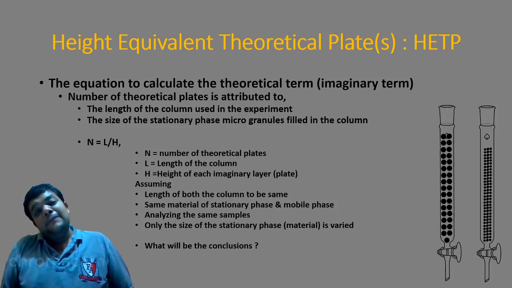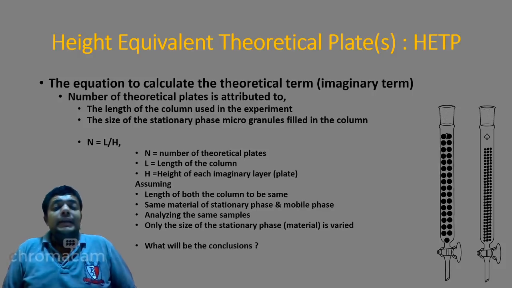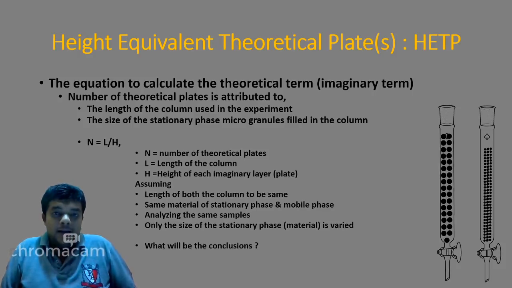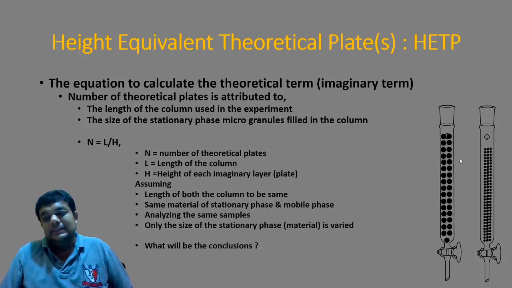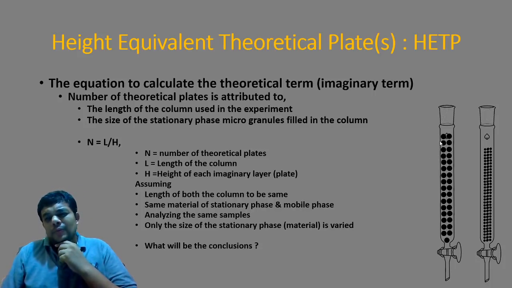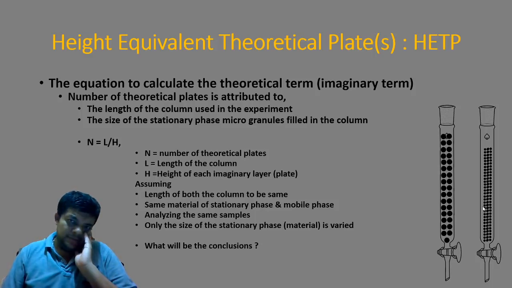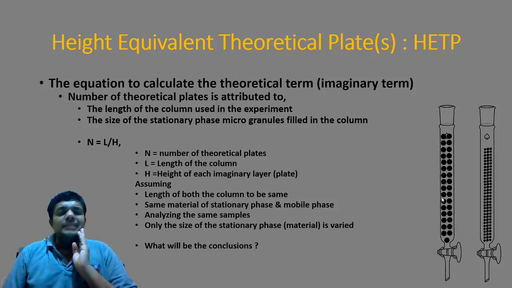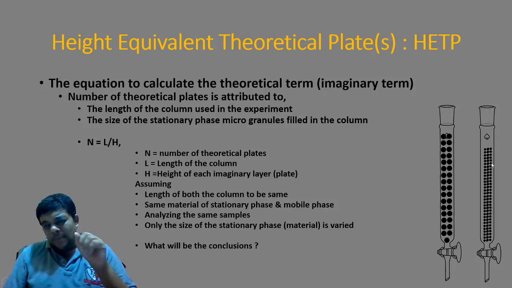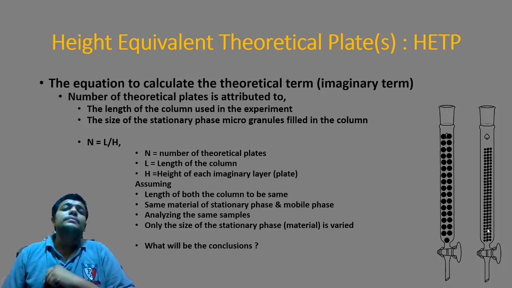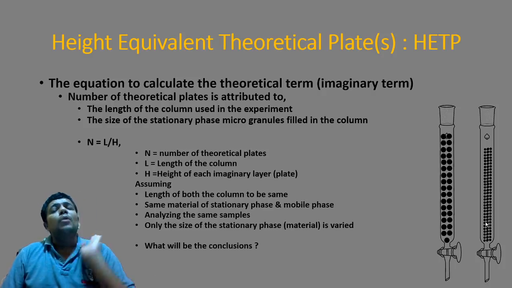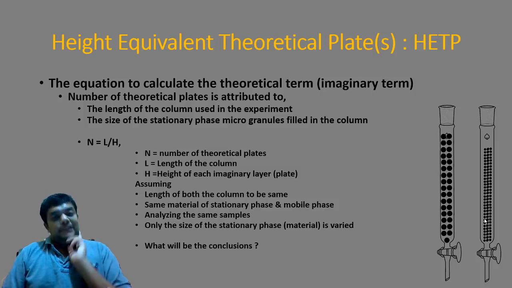HETP. If you remember, that day, height equivalent to theoretical plates, I made you draw some columns in your book. They must look like this. One column with bigger size stationary phase, second column with smaller size stationary phase. Now you can easily see that over here the number of layers will be more. As the number of layers is more, the particle size is small, it will have more surface area.